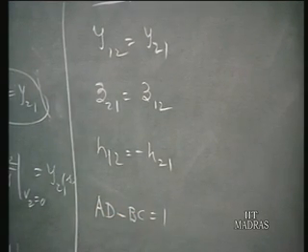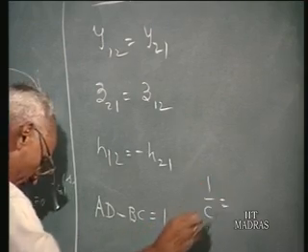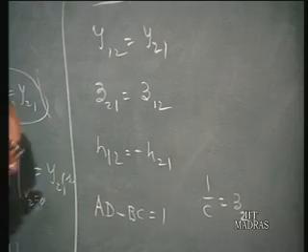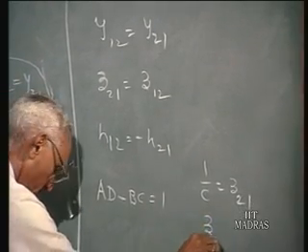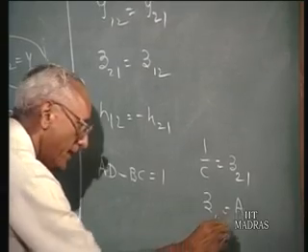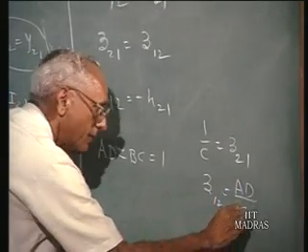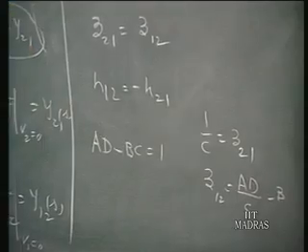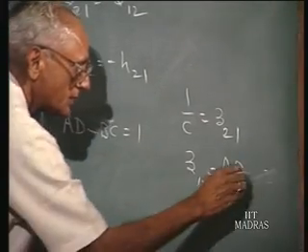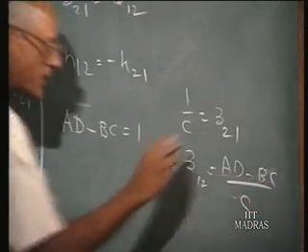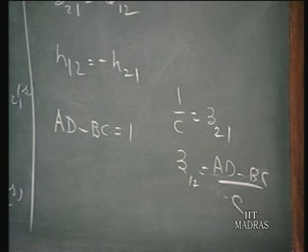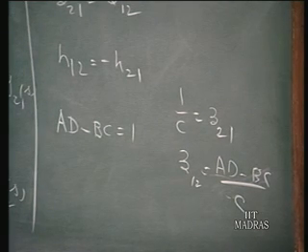This comes from the fact that 1 over C happens to be Z21, and Z12 happens to be AD by C minus B, that means AD minus BC by C. So, for a reciprocal network, these two must be equal, therefore, AD minus BC is equal to 1. So, this is the consequence of reciprocity as far as the parameters are concerned.